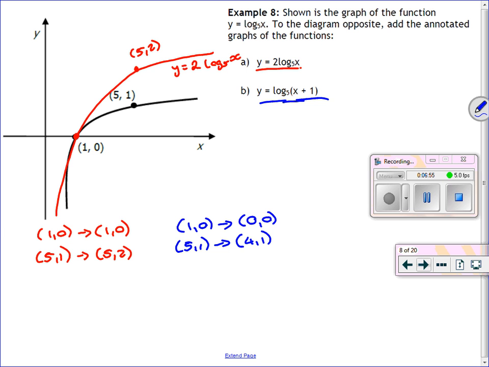So 1, 0 goes to 0, 0. And 5, 1 goes to 4, 1. So that graph will look something like that. And that's a graph of y is equal to log to the base 5 of x plus 1.